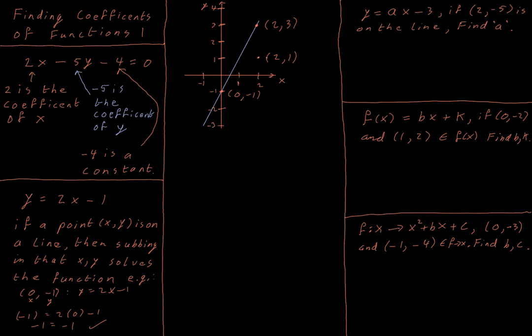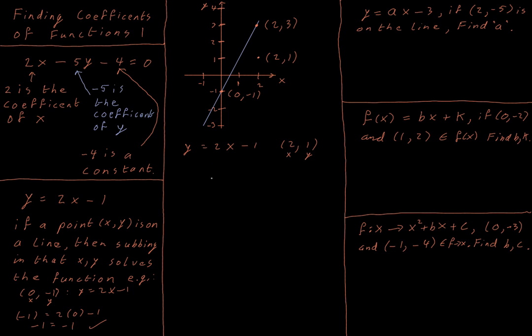But if we look at the point 2, 1, in the door 2, up the stairs 1, that point is not on the line. What does that look like if we sub into it? So we have our function y is equal to 2x minus 1, and we're interested in the point 2, 1. So that's our x and our y. We know when we sub in a point that's on the line, we get the equation working out. It solves the equation.